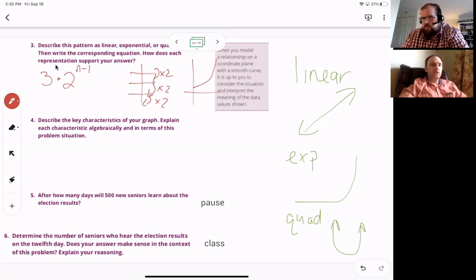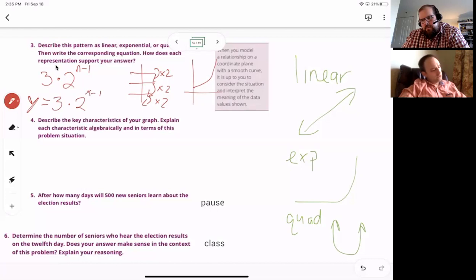But it did say, Mr. Carlson, write an equation. And that is not an equation, what you wrote down. Yeah, I agree. So this is an expression. Maybe making this into an equation that we can graph would be like a y and an x thing. So I could call this y equals 3 times 2 to the x minus 1.